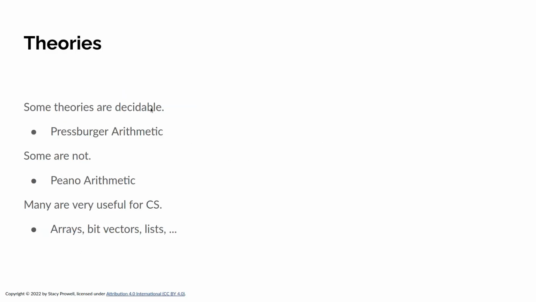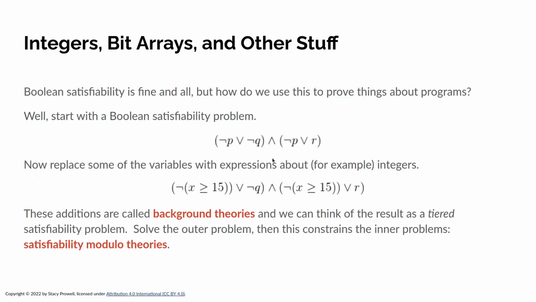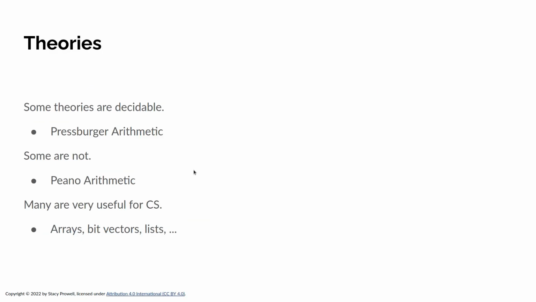And there are decidable theories like Presburger arithmetic. This greater than or equal to could be a statement in Presburger arithmetic, which turns out to be decidable, or it could be not decidable. And then there are many theories that might be really useful for us in the CS context, like theories about arrays and bit vectors and lists and other common kinds of data structures that we encounter.